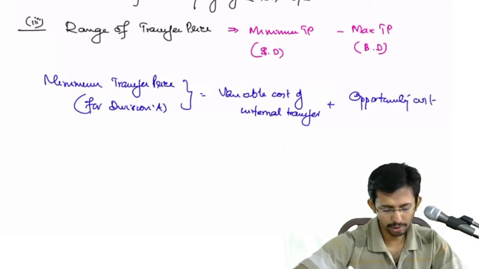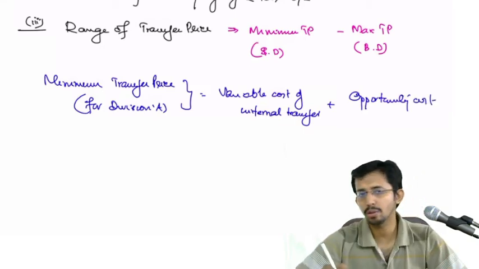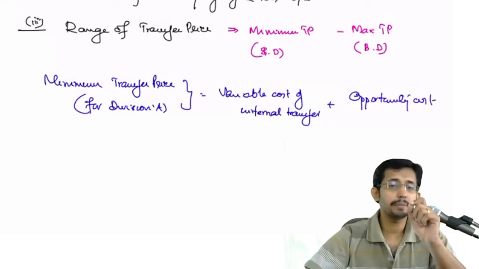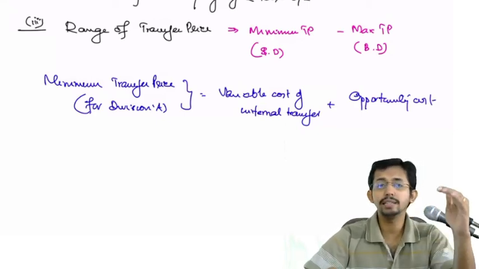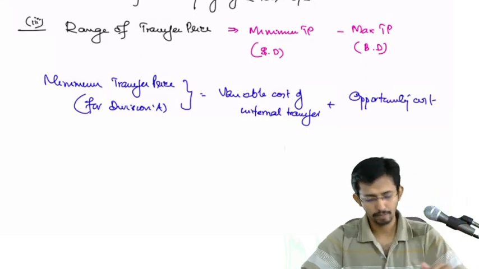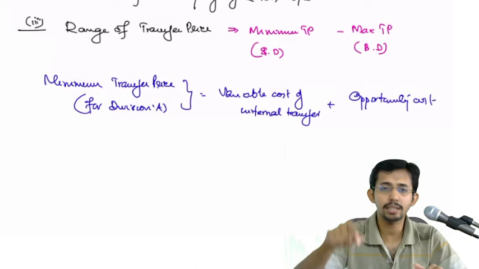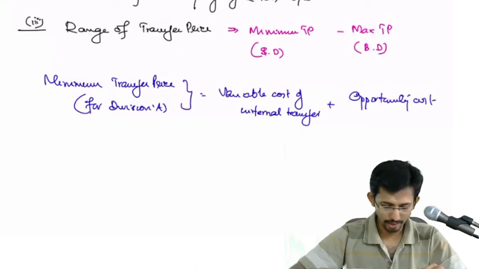Is there any opportunity cost here? Yes, definitely there is opportunity cost, because as far as division A is concerned, the internal transfer can be effected only by curtailing the external sales to that extent. Okay, so the contribution foregone from the external sales curtailed will act as an opportunity cost for the internal transfer.